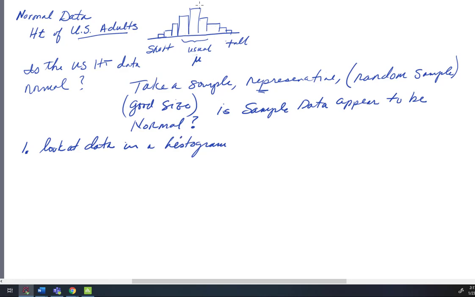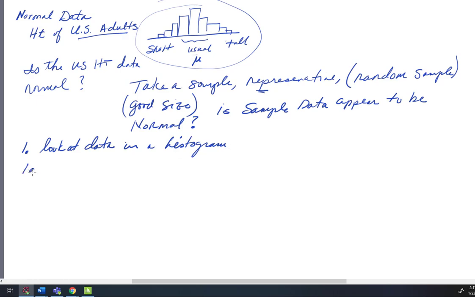And if the histogram resembles this kind of a picture, a symmetrical distribution, and the right-hand tail and the left-hand tail look like they're just about mirror images of each other, that's good visual evidence that what you have is a histogram of data that came from a normal population.